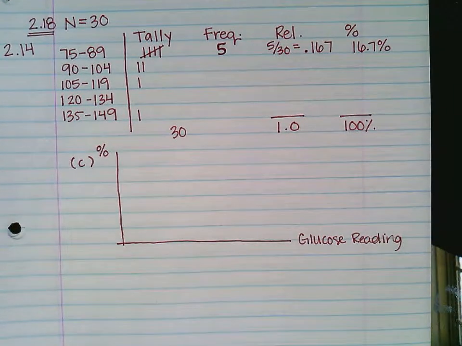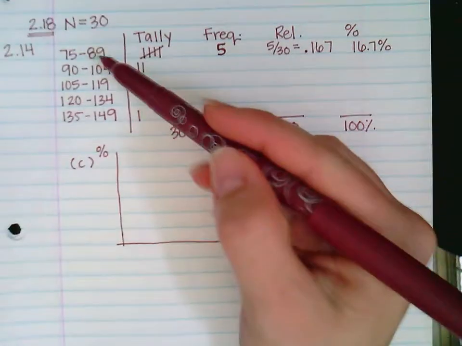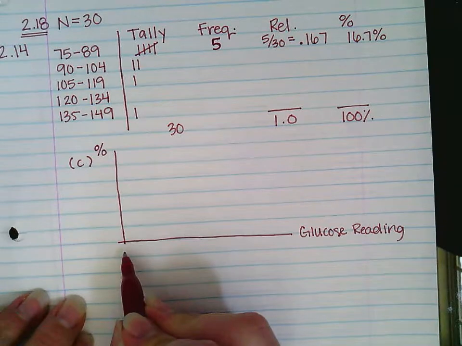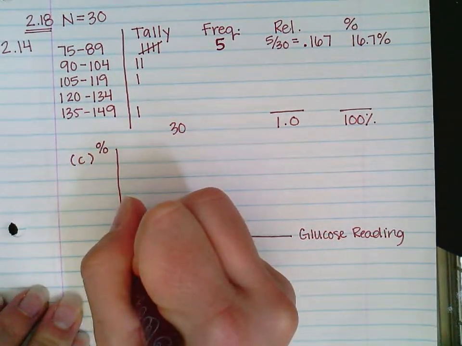So unlike the categorical data that we did on the first example, on this example, you have to use this as a number line, and you have to go in this order. Now, you don't have to include 0, and you don't even have to do the little break sign that your Algebra 1 teacher maybe taught you.